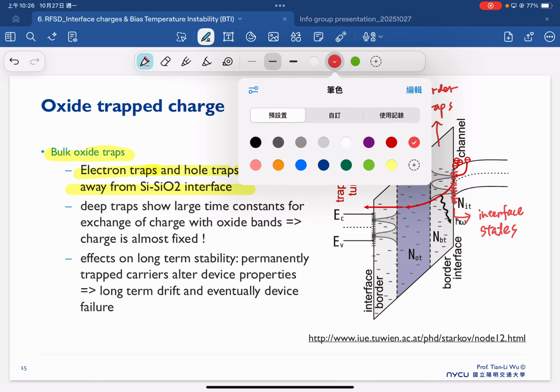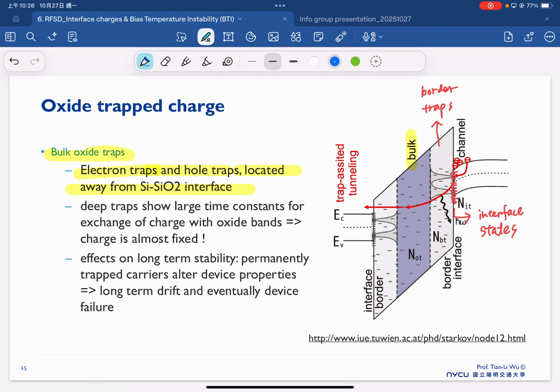The first region is the one we already mentioned, the interface state. That's the first scenario. Secondly, these electrons can also be trapped in the border region, captured by these border traps.